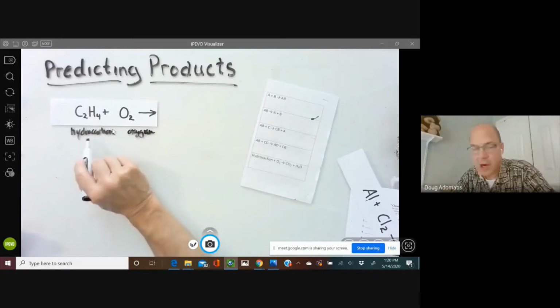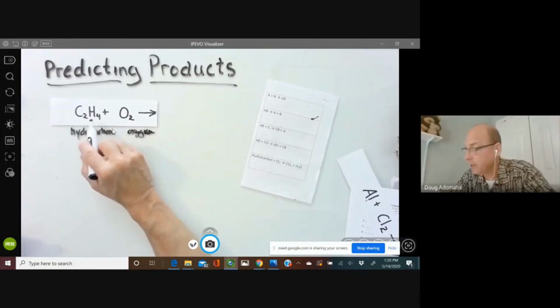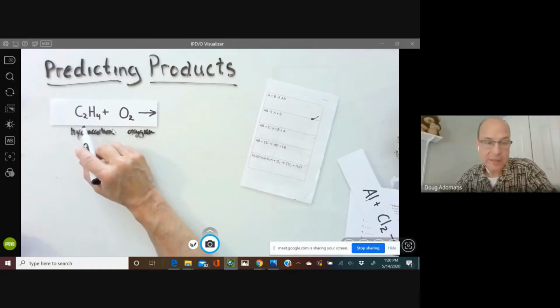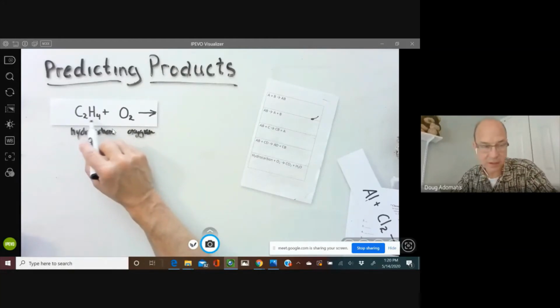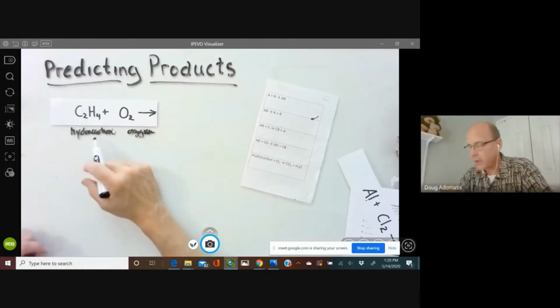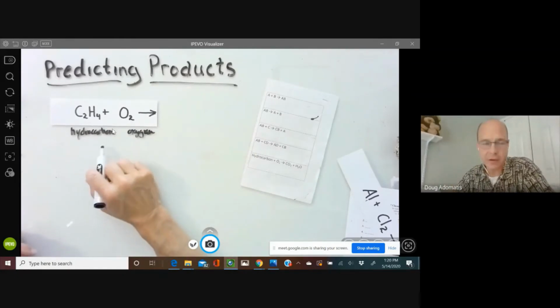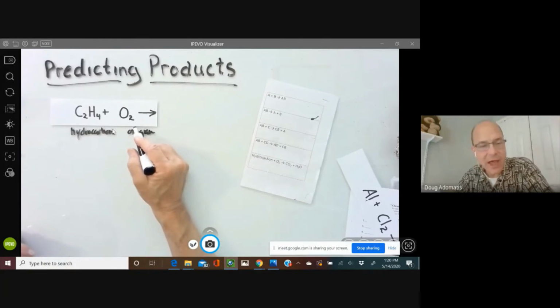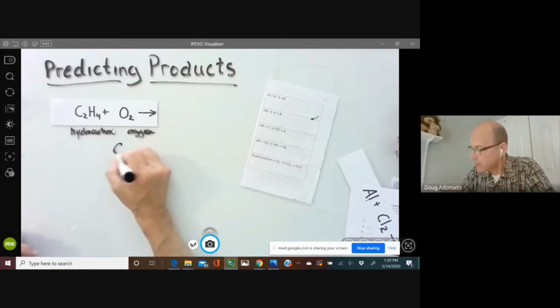Now, a hydrocarbon is exactly what it sounds like. It's a compound that has hydrogen and carbon in it, and there are lots of different hydrocarbons. So you might see this arrangement with different subscripts, and if it's got carbon and hydrogen in it, it's a hydrocarbon. If it's got oxygen on the reactant side, it's a combustion reaction.